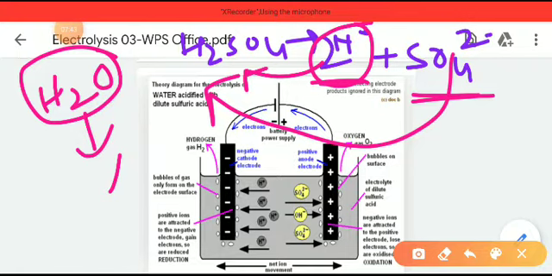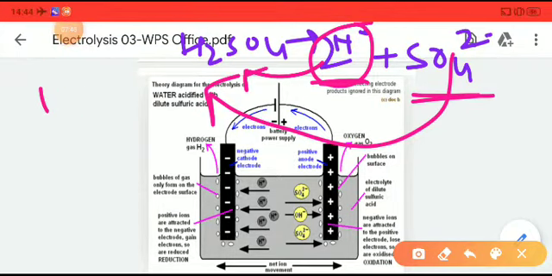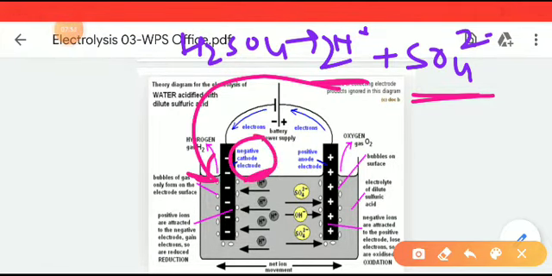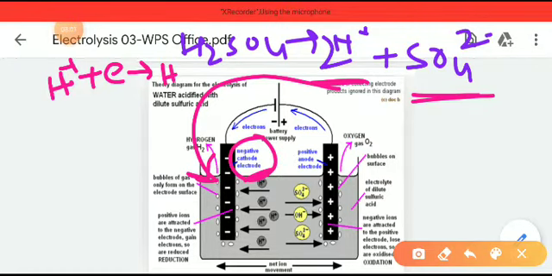So here, as H plus is a cation, it will go towards the negative cathode, take an electron from the cathode and become neutral hydrogen, so doing a reduction.